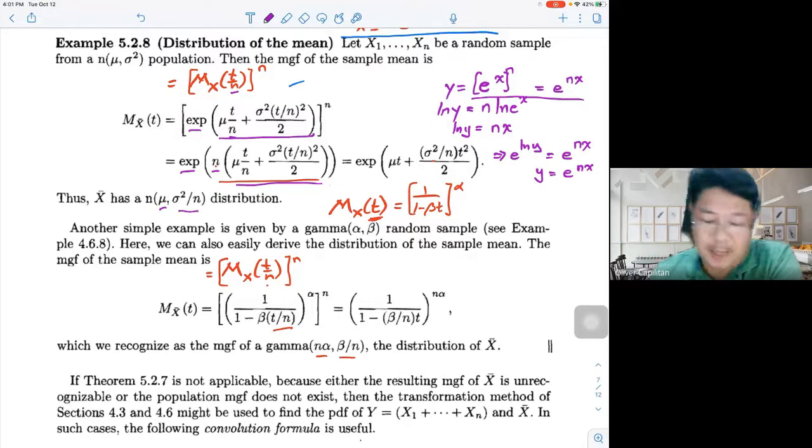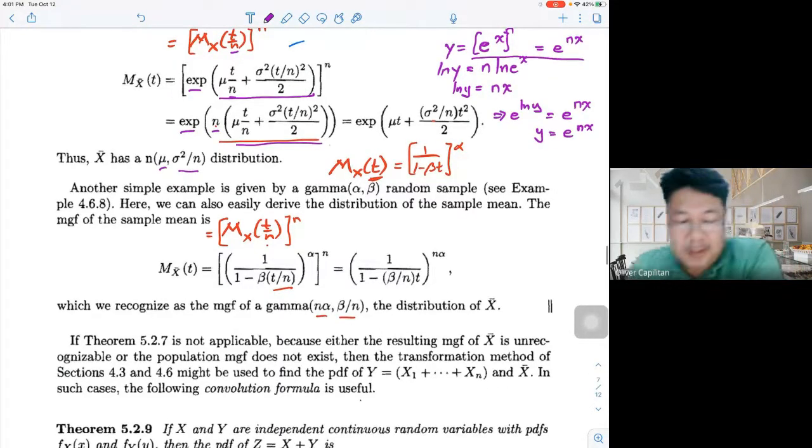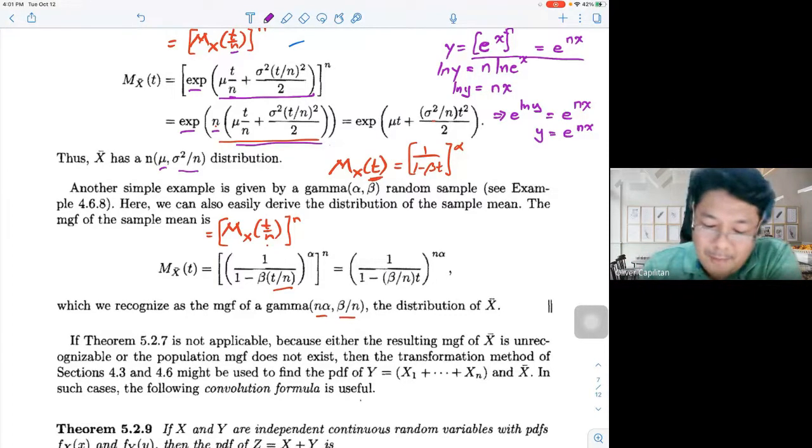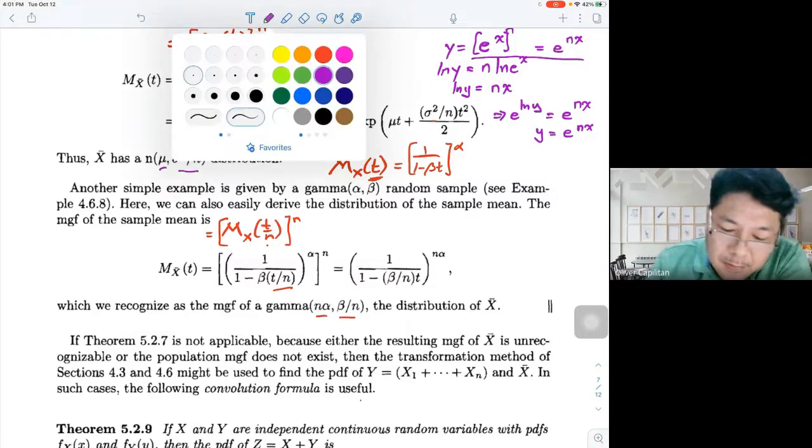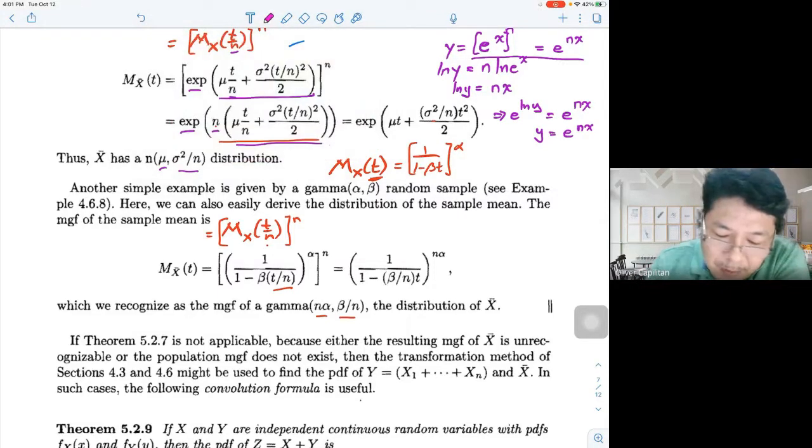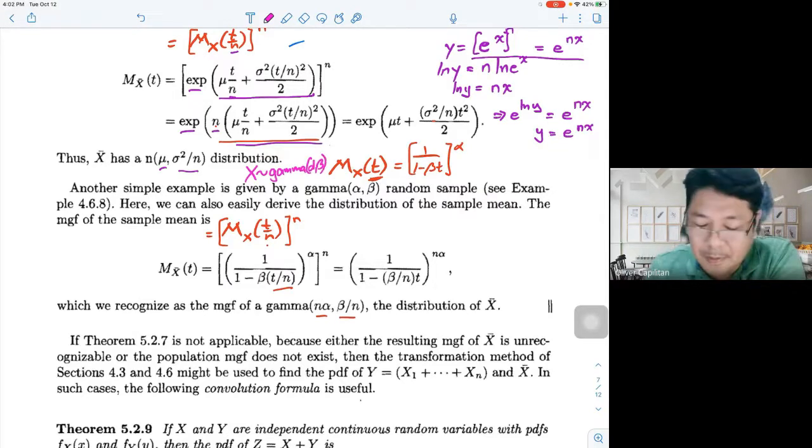Okay? Say another example. Suppose the gamma is what we chose. So if we have a random variable x having a gamma alpha, beta distribution, this is its moment generating function evaluated at t: 1 over 1 minus beta t, raised to alpha.